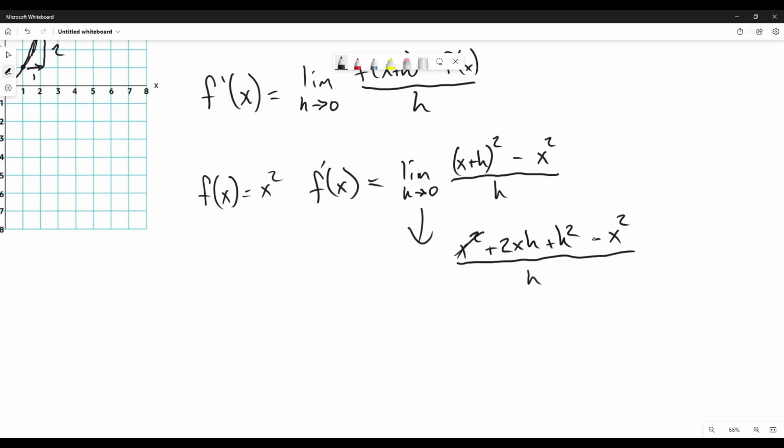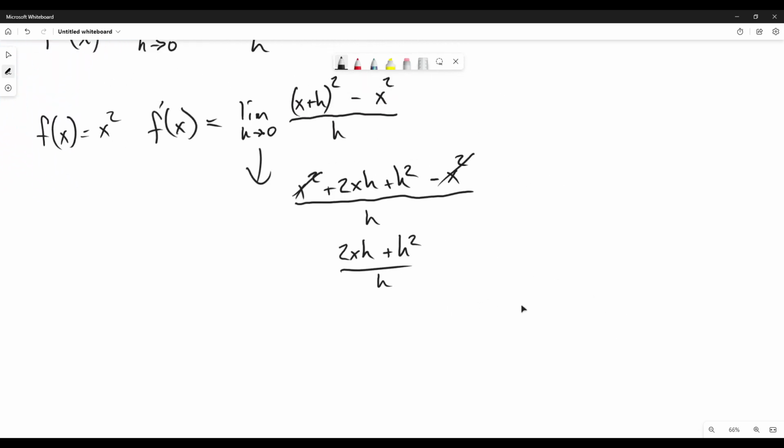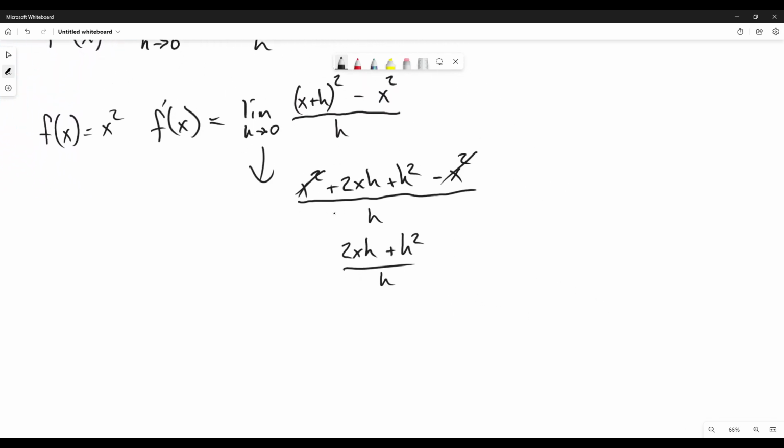So these two x squareds cancel out. So we have 2xh plus h squared over h, which equals 2x plus h.